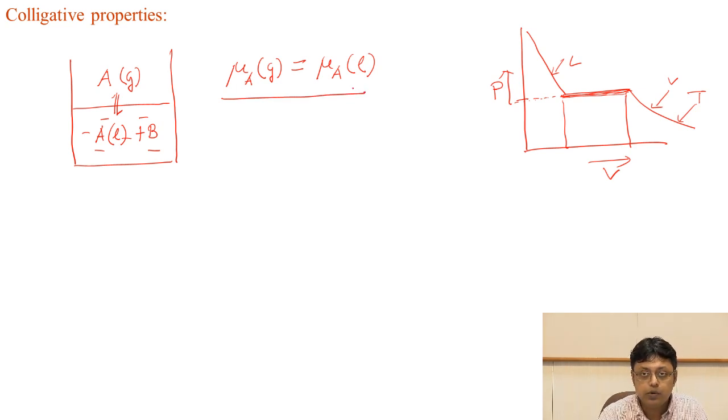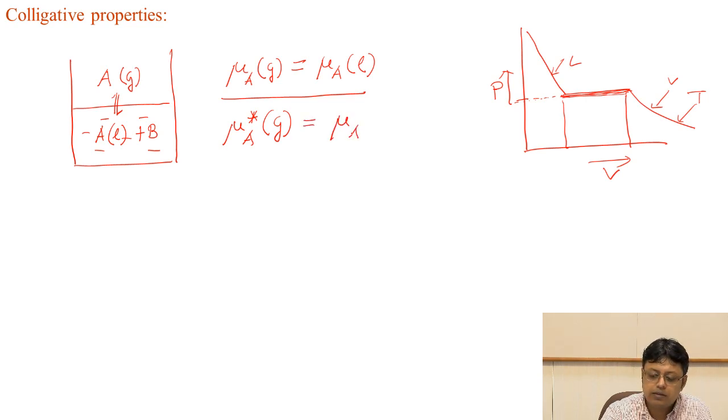However, the mu A of the liquid will not be the mu A of the pure liquid, because now the mu A has to be replaced for the liquid state by the partial quantities. But for the gas, or the vapor phase, it is basically the mu A star, the pure form, because in the gas phase there is no B, because we just added a salt which does not come into the gas phase.